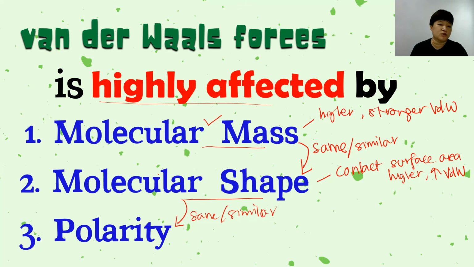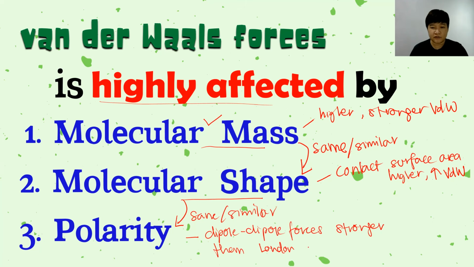Then only you look at polarity. Obviously, dipole-dipole forces are stronger than London forces. In other words, a polar molecule has stronger van der Waals forces compared to London forces, but with one condition: the molar mass is the same and the molecular shape is the same.